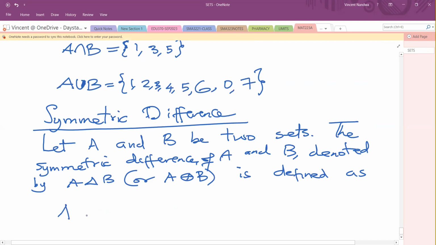The symmetric difference of A and B is a set of all elements X such that X belongs to A or X belongs to B, but not both.